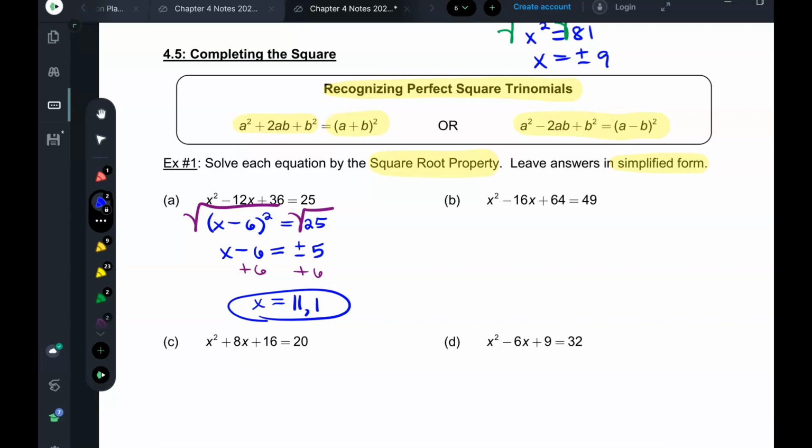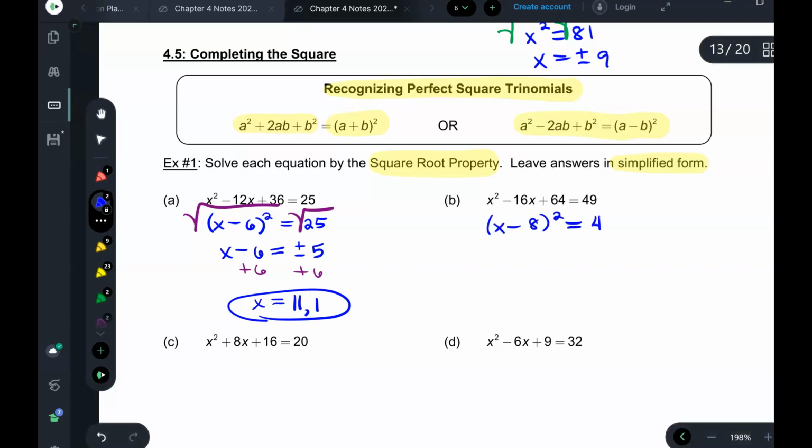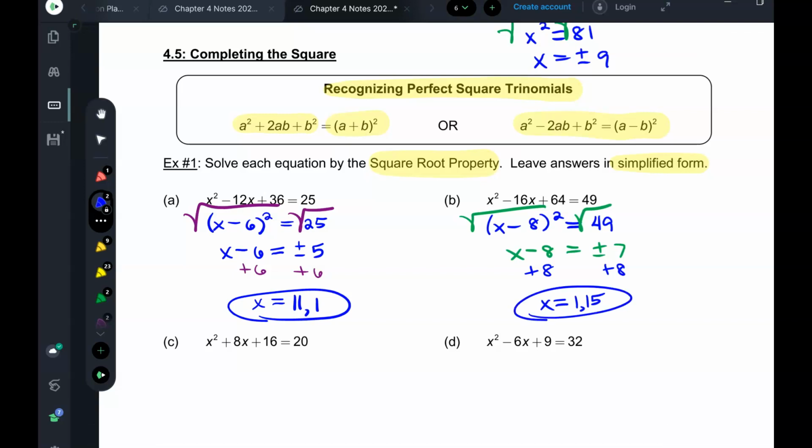Perfect square trinomial. So what's this going to be? All right, Becca, is that what you got? Equals 49. Take the square root of both sides. X minus 8 equals plus or minus 7. Plus 8, plus 8. Am I going too fast?